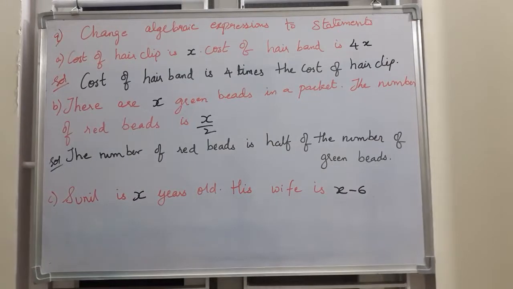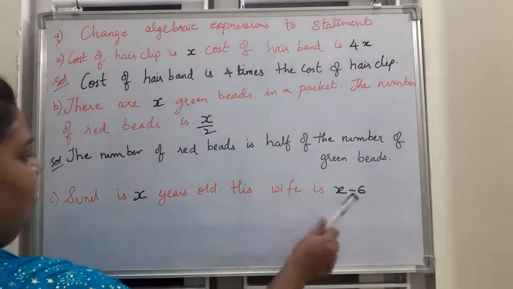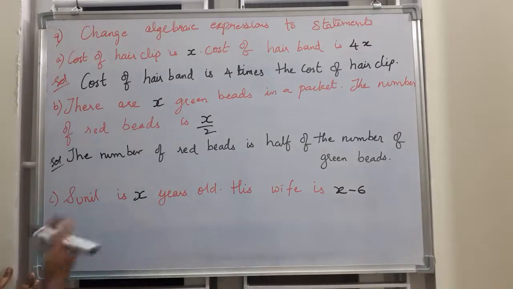Next, C bit. Sunil is x years old. His wife is x minus 6. Means what? His wife is 6 years younger. If he is 30 years, she will be 30 minus 6, 24 years, like that.